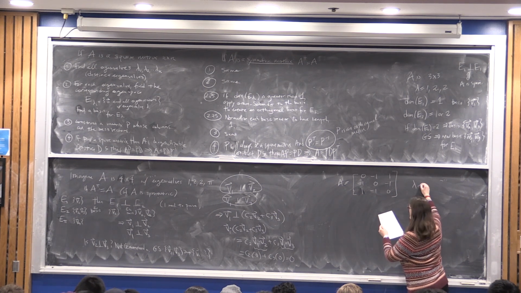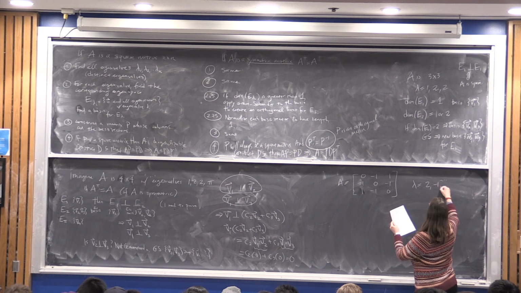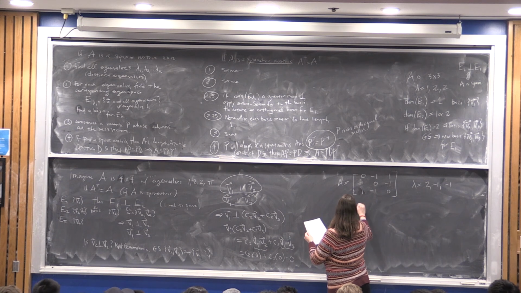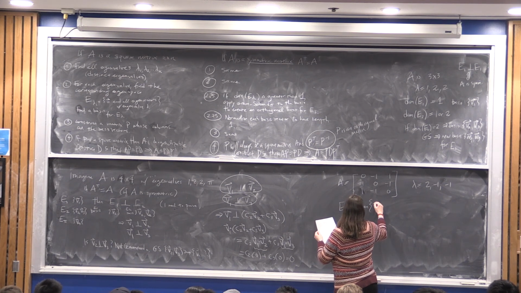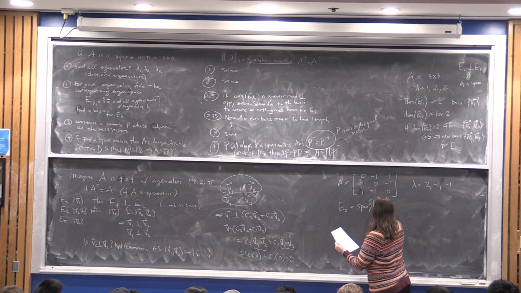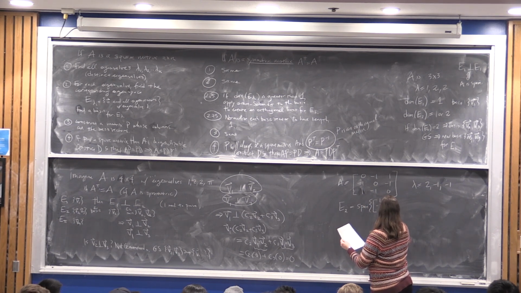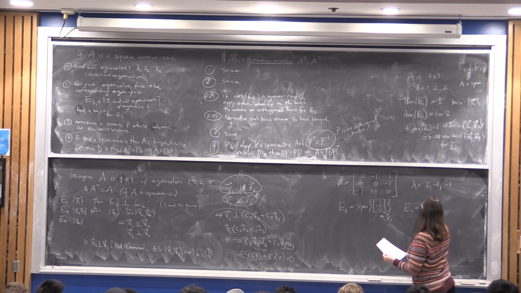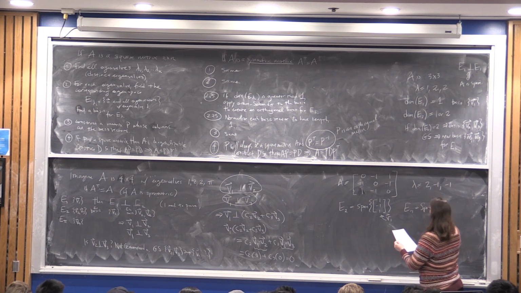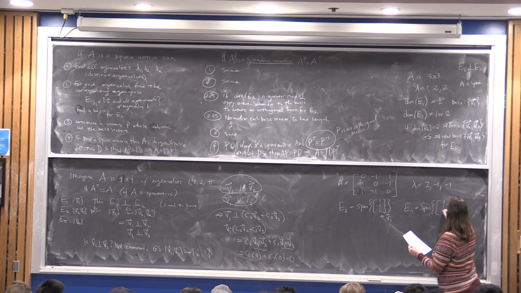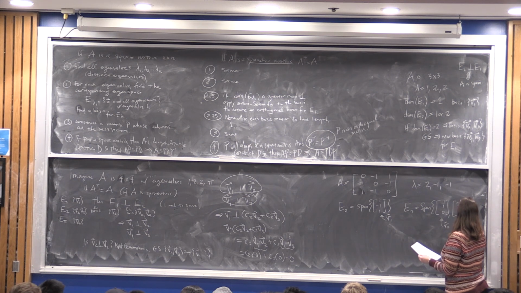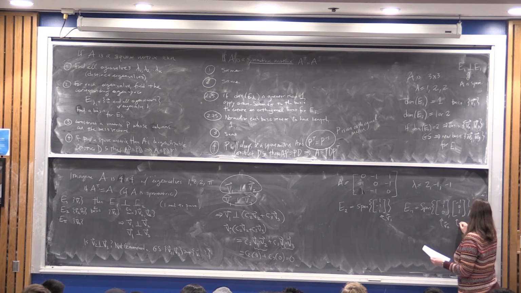The eigenvalues were 2, minus 1, minus 1. The eigenspace for eigenvalue 2 was the span of the vector 1, minus 1, 1. That was V1. The eigenspace for minus 1 was the span of the vectors 1, 1, 0 and minus 1, 0, 1. These are V2 and V3.